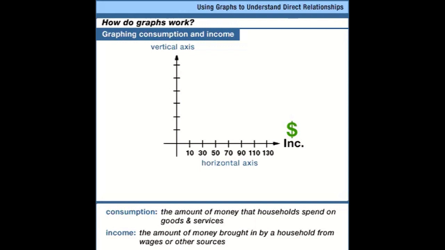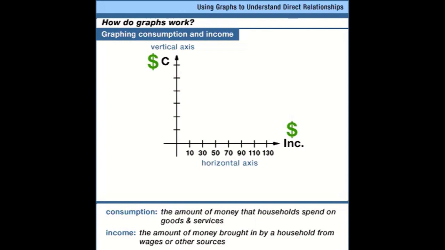On the vertical axis now, I'll represent the other variable, and this is going to be consumption spending, which I'll represent with the letter C. So as I increase my vertical altitude here, I'm increasing the consumption spending of this household. I'll put a dollar sign here to remind me that consumption is measured in dollars. And I'll do the same thing that I did on the horizontal axis.